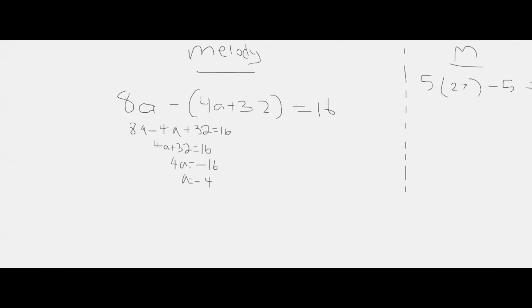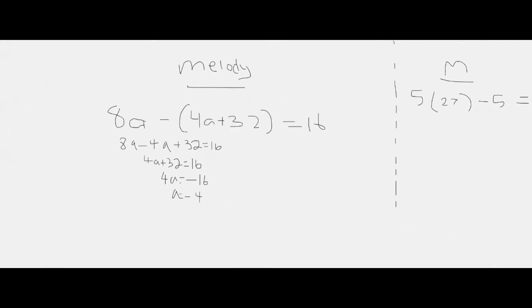Okay, Melody, here we go. You made a little bit of a mistake right here. See this negative sign, right? You put it here, but then the distributive property says you also have to apply it to this plus 32.